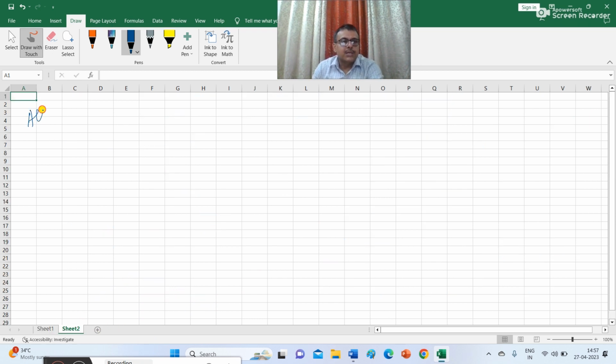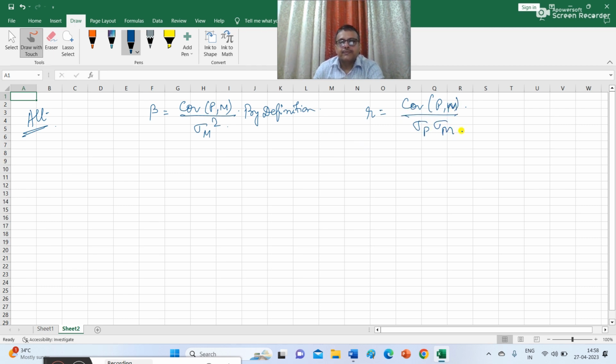So alternatively, I will show you how to calculate the value of R. So this is the alternative way to calculate the value of R. So by definition, beta is equal to cov of Pm divided by sigma m square. So this is by definition the value of beta. And you know how to calculate the correlation coefficient, which is cov of Pm over sigma p and sigma m.